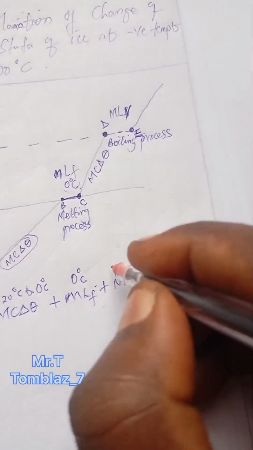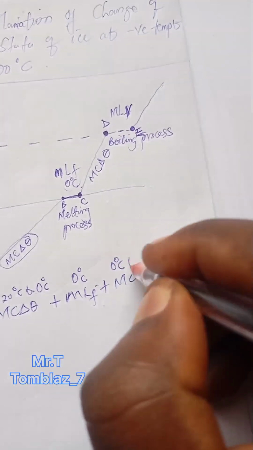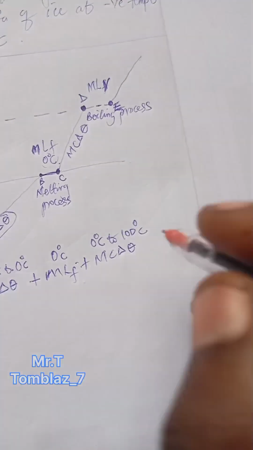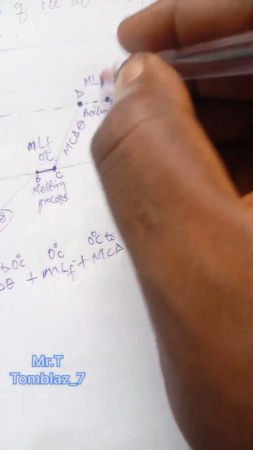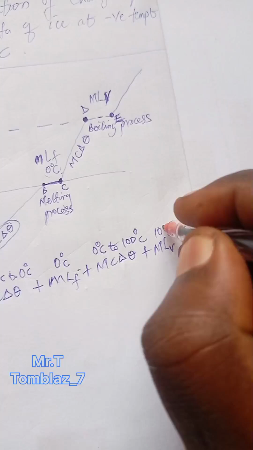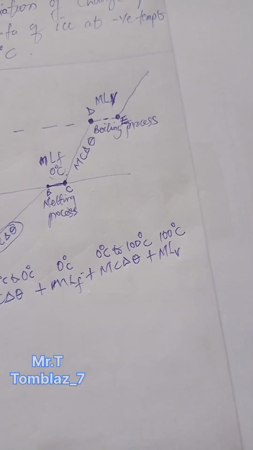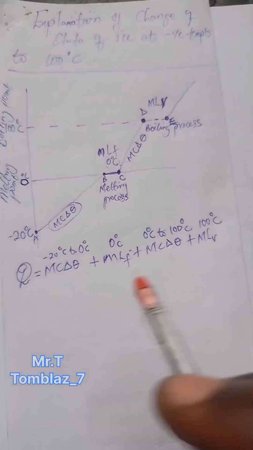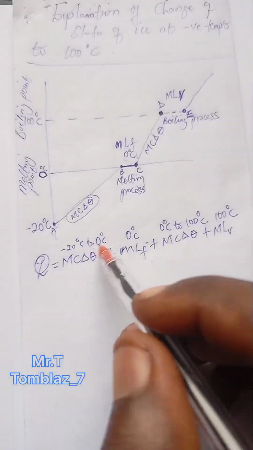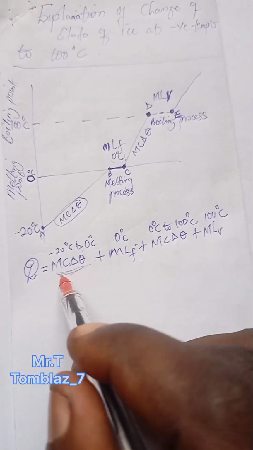Then the heat that will raise water temperature from here to this portion is another mc change in theta. So this one will raise it from 0 degrees centigrade to 100 degrees centigrade, right? Then the last but not the least is latent heat of vaporization. Here it remains at 100 degrees centigrade. The temperature doesn't change. So you can see the progression from minus 20 degrees centigrade to 0 degrees centigrade for this.